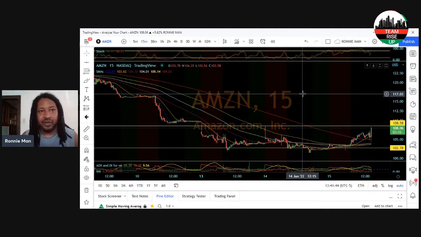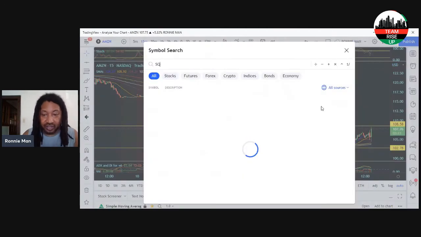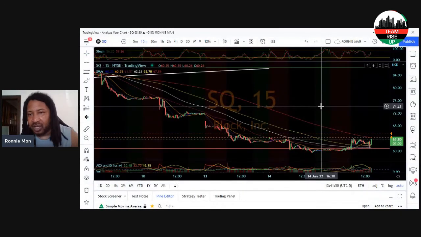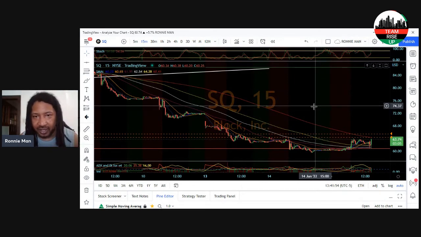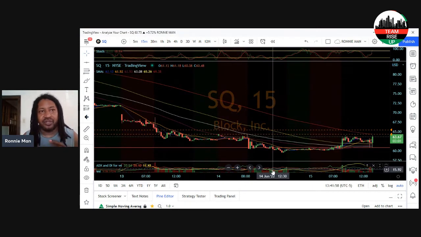In fact, let me go and look at another chart real quick. Square, to give you an idea. I called Square yesterday, right? I'm showing you how to trade off of a support level. Because what happens during support? Buyers step in, right?